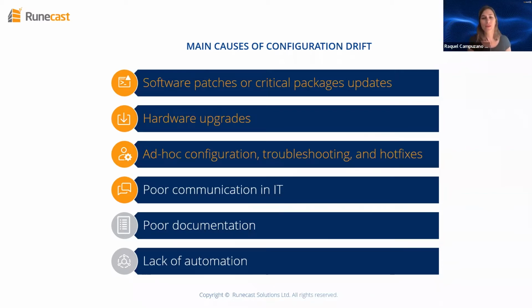What is the problem here? If that change was not communicated or reverted, then we can end up with a data breach or a problem in the network in the future that will cause major damage. And as previously mentioned, the other cause is poor communication in IT.